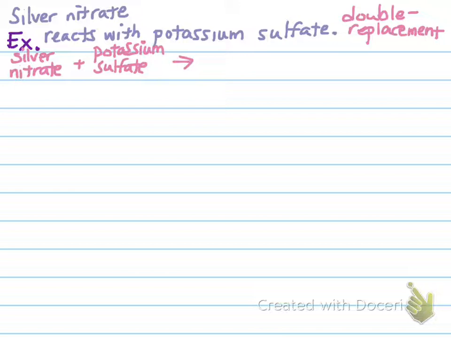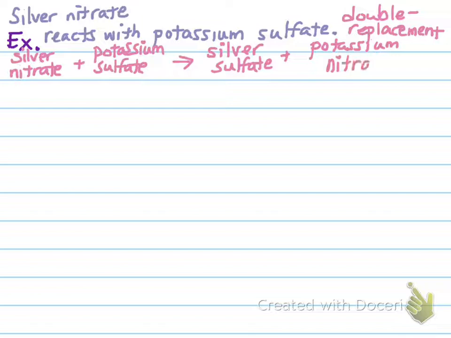So that means the positively charged ions swap partners. Silver and potassium are my metals, so they're positively charged. So silver's partner is going to be sulfate, and potassium's partner is going to be nitrate.